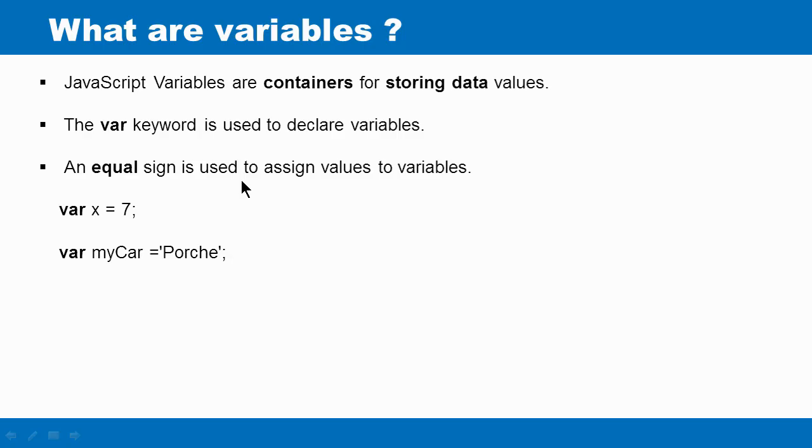For example, here I've named this variable my car, which is an indication that the type of data I'm storing is relating to cars. Notice the difference in the two values here. This one here, the value is 7, which is a number. And here, the value is a Porsche, and I've put quotes around it.